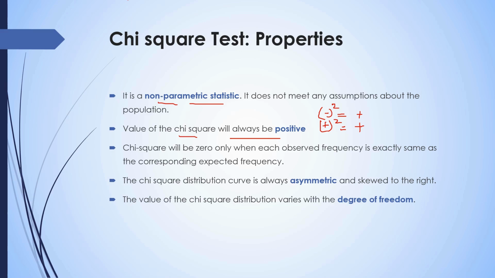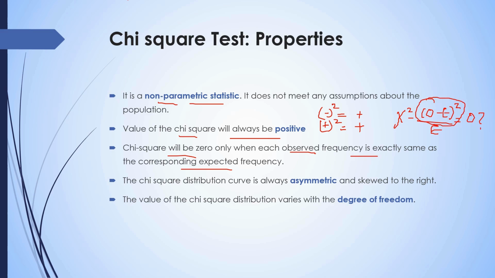The third property says the chi-square will be 0 only when each observed frequency is exactly the same as the corresponding expected frequency. We saw the formula of chi-square. What was it? It is observed minus expected, whole square, by expected. When will this become 0? When this numerator becomes 0.